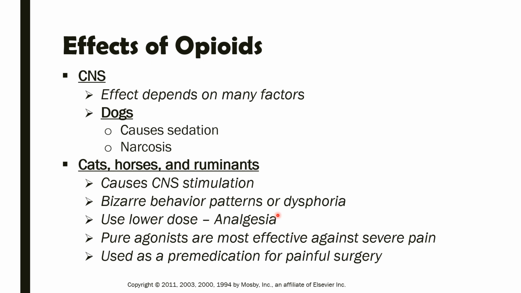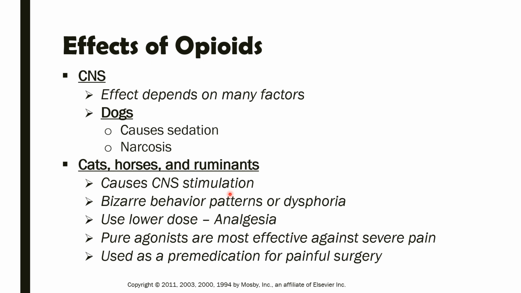When you stimulate that receptor, it will induce a potent analgesia. So any surgery we expect to be painful will have a pure mu agonist as part of that pre-anesthetic protocol. Examples of this are fentanyl, oxymorphone, and morphine. These are pure mu agonists.